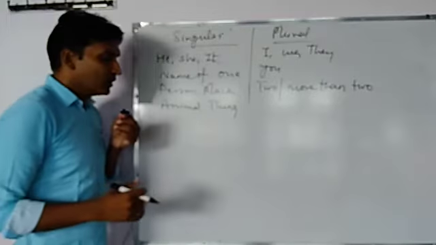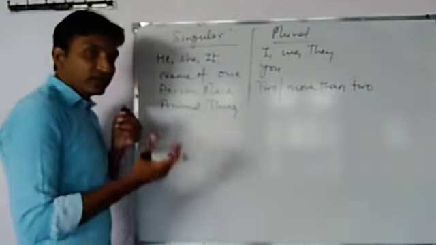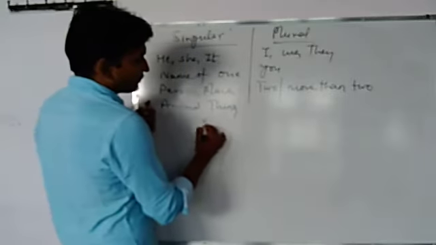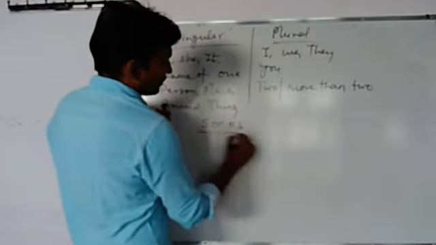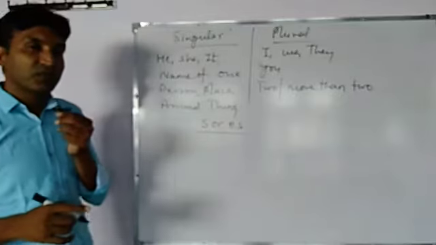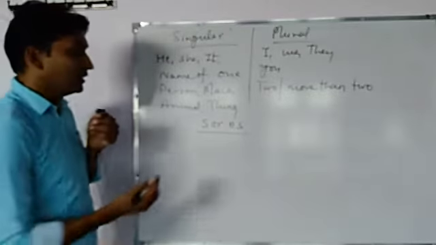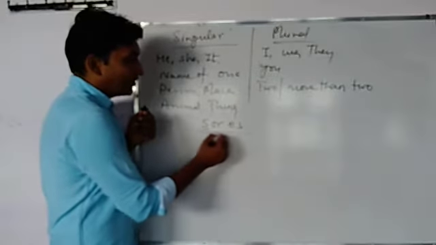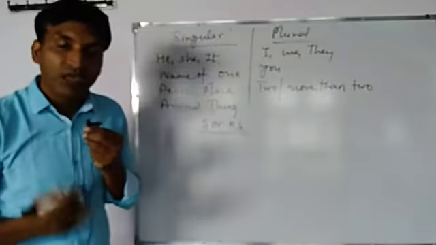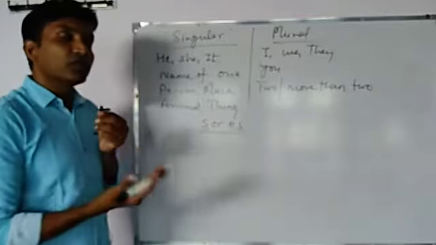Okay? The second thing I said is that s or es is added to the main verb when the subject is singular. But how will we decide which verb will take s and which verb will take es? It's very easy to decide.